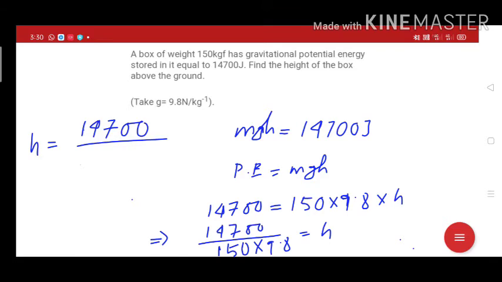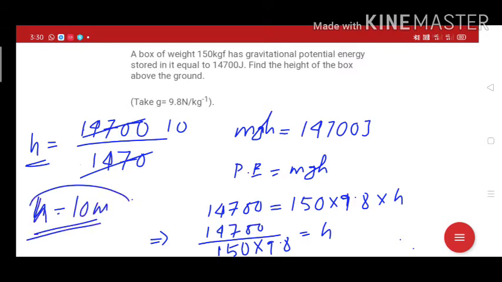If you just calculate it, it will be 147.0, and dividing that gives you 10. So they are asking for h, so h is going to be 10 meter. So the answer is 10 meter. We are moving to the fourth numerical.